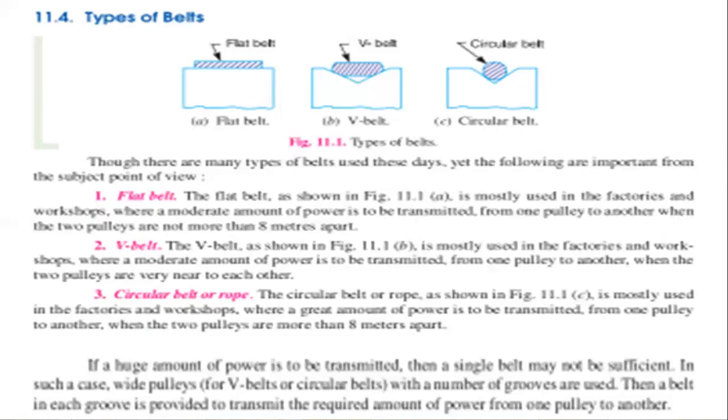Next, if a huge amount of power is to be transmitted, then a single belt may not be sufficient. In such cases, wide pulleys with a number of grooves are used for V belts or circular belts. So multiple grooves are used, and each groove is provided to transmit the required amount of power from one pulley to the other.